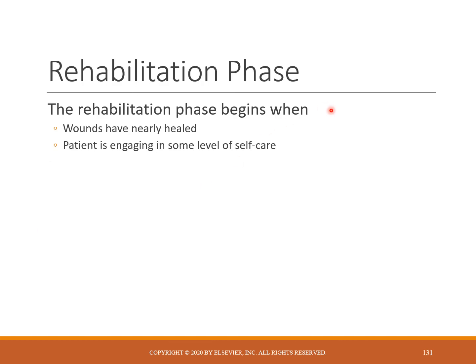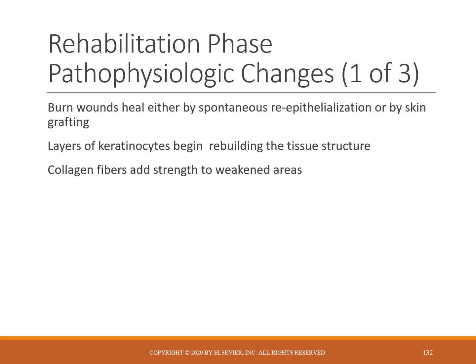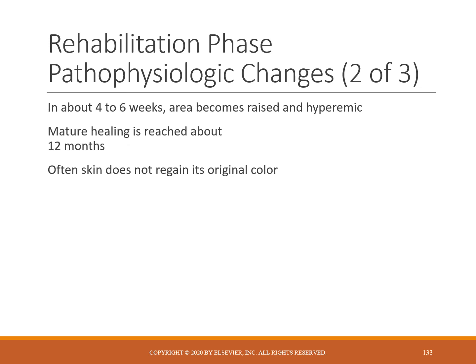Now, after we're done with the emergent and acute phase, your patient will need rehabilitation. And as you can see here with rehabilitation, this time everything is healing. And it takes about 4 to 6 weeks to see those changes, up to 12 months.